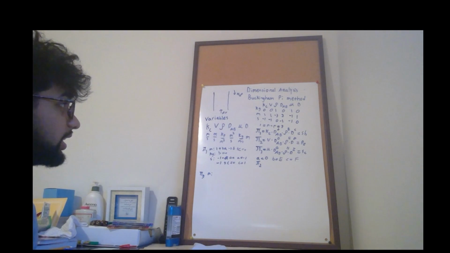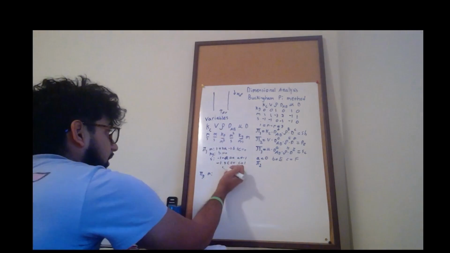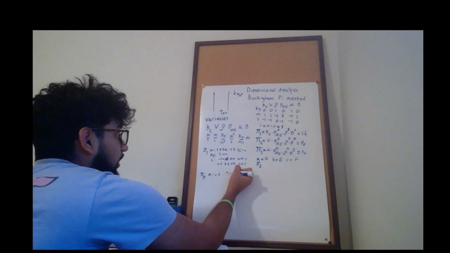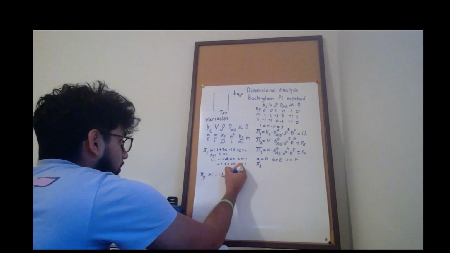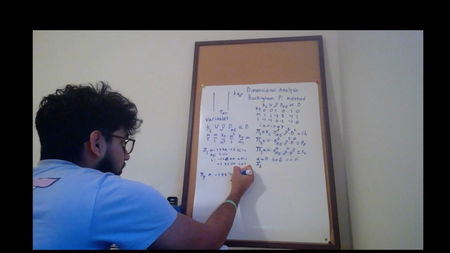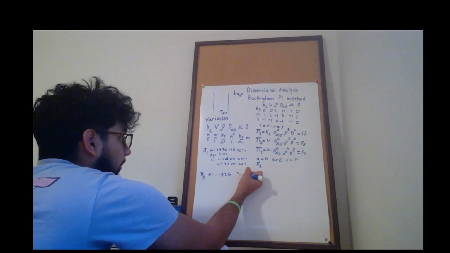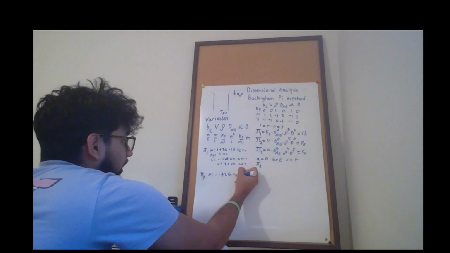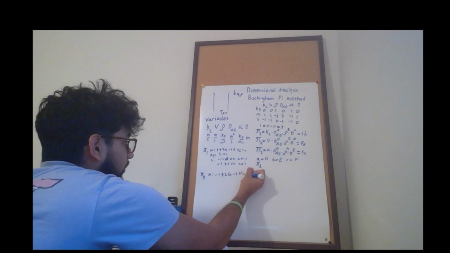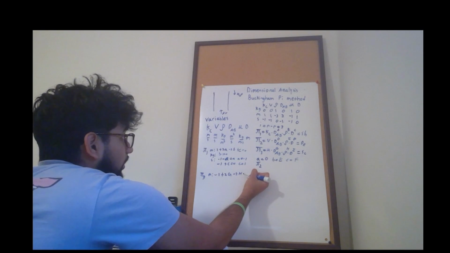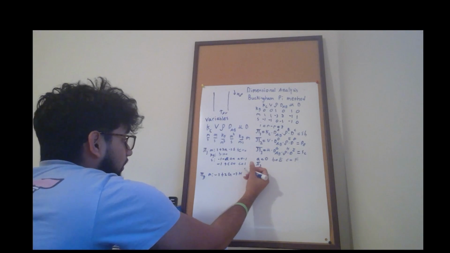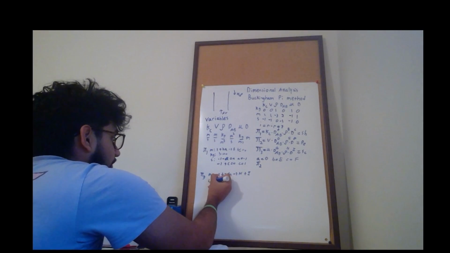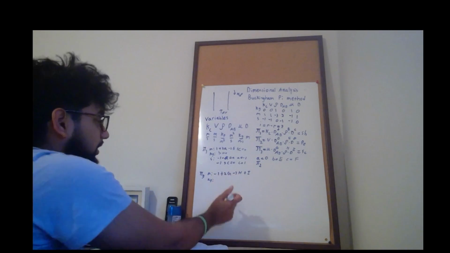And then for the third pi group, so first we have viscosity. It's going to be -1 plus 2g minus 3h plus i. And for kilograms, let me double check that.